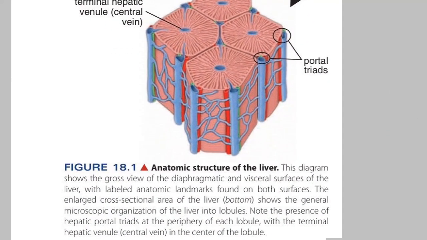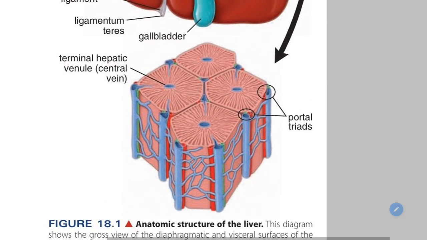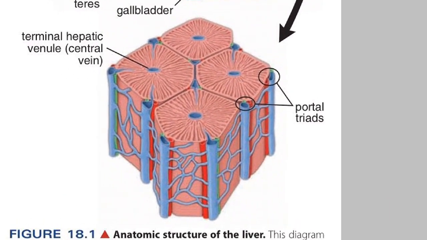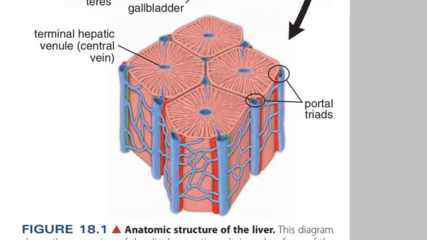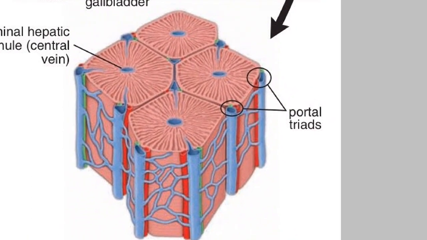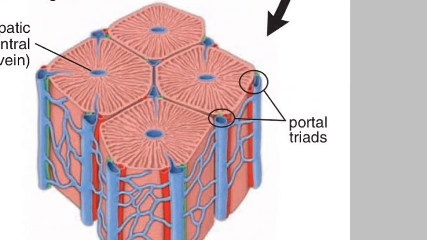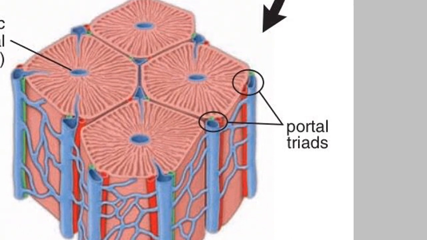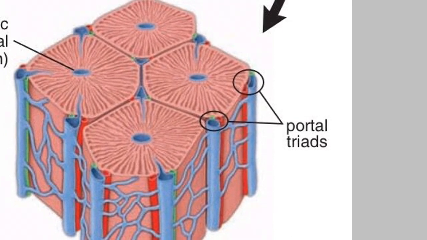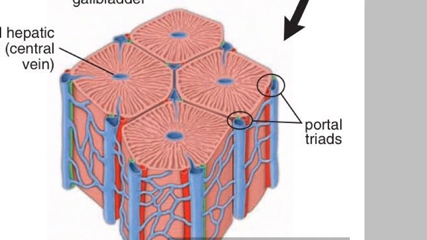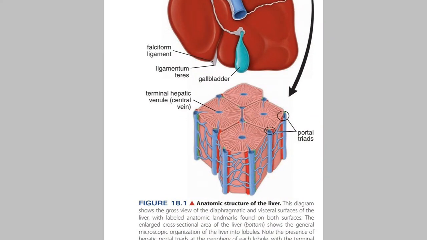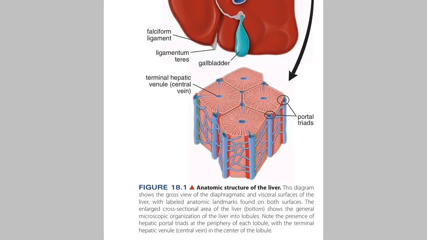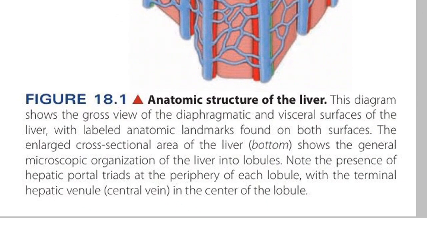All these hexagonal structures are the liver lobules, and around the liver lobules, as you can see, the portal triads are present with the branches of the portal triad. Then in the center, the central vein is present, and this is the information of this entire figure.